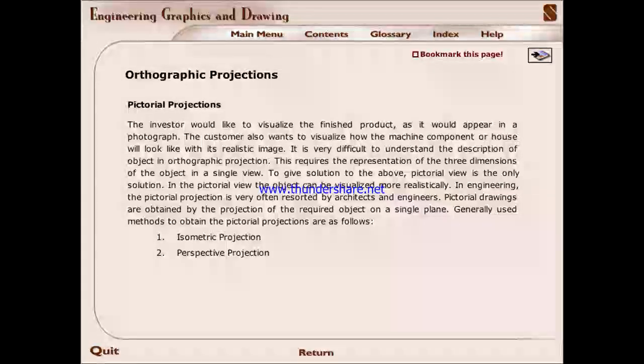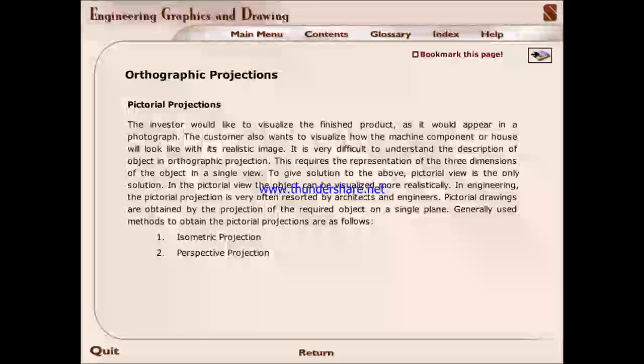This requires the representation of the three-dimensional object in a single view. The solution to the above is the pictorial view. In the pictorial view, the object can be visualized more realistically.